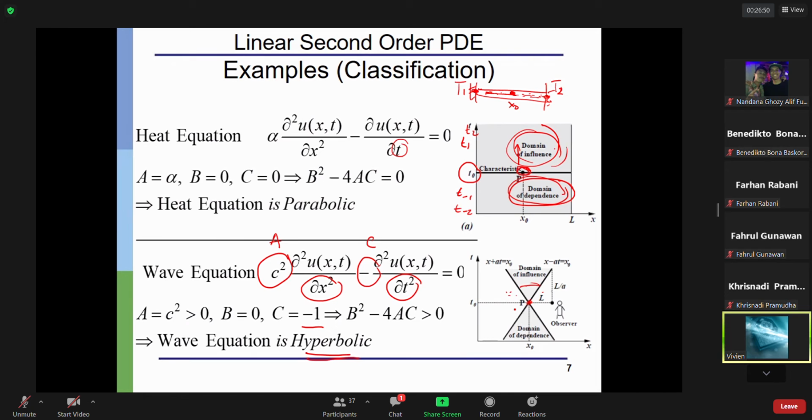And the solution at the time step after we give the disturbance will depend on the domain of dependence here, and the domain of dependence is not for all of the domain here, but only a small area close to the point x0. So we see here that each of these PDEs has a different physical meaning.